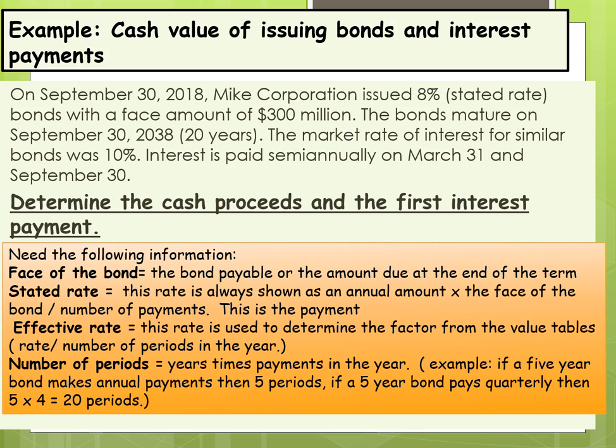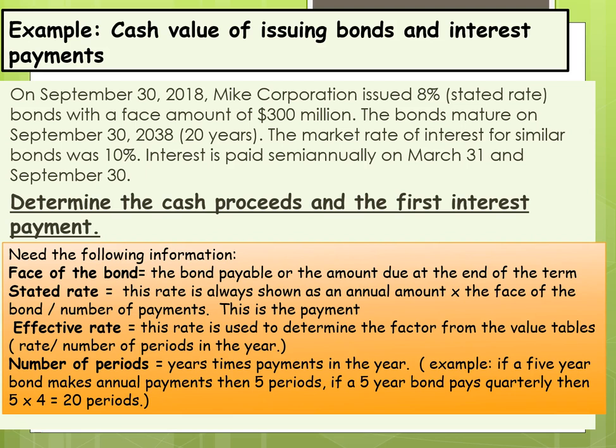Effective rate. This is the rate you're always going to use when you go to the factor tables, and it's the rate you use if you're using the effective rate for calculating interest payments. It's always going to be the rate divided by the number of periods in the year.